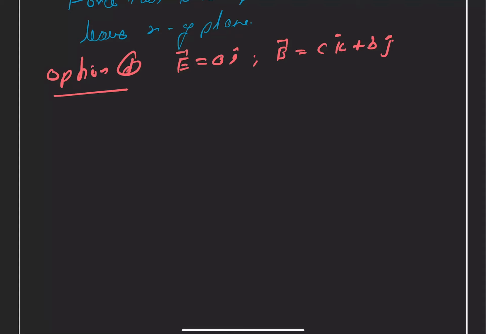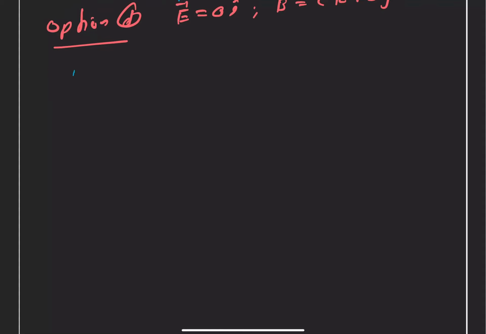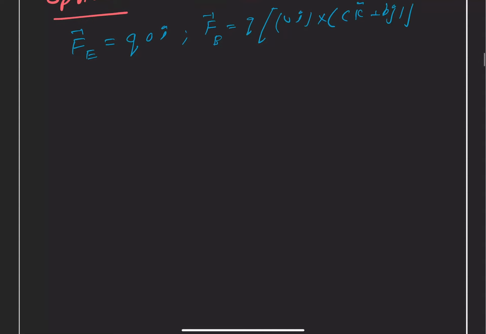Once again, we can write that our force due to electric field will be equal to QAi, and force due to the magnetic field will be equal to QV i cross Ck plus Bj, which is equal to minus QVCj plus QVBk.